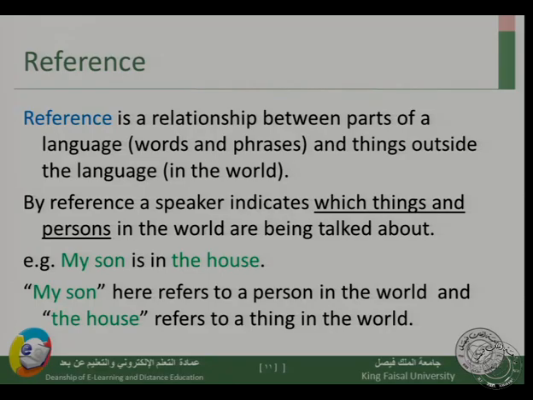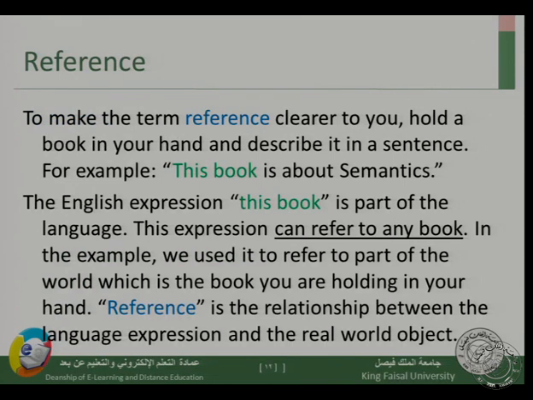And also the house is a real thing that exists outside in the real world. Okay, so this is what we mean by reference. We use language expressions to link and talk about the things that exist in the outside world. So here we will have a way to make this clear to you.